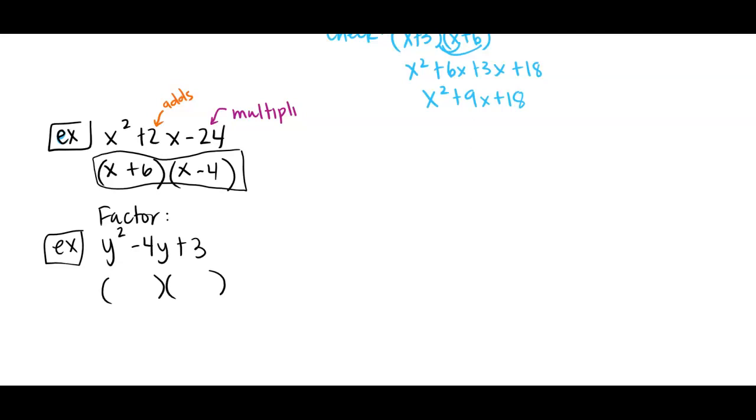And again, when you get your answer, type it into your chat box, but don't hit enter yet. All right, so we're trying to think of what multiplies to be a positive 3 that adds to be a negative 4.